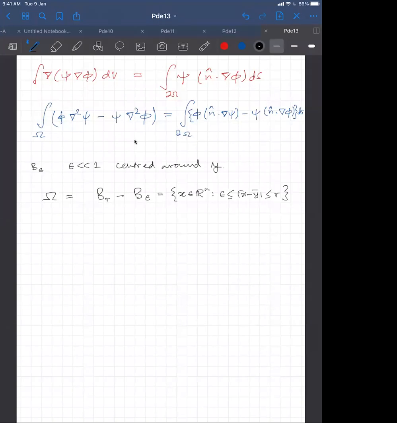So we can apply Green's second identity here.